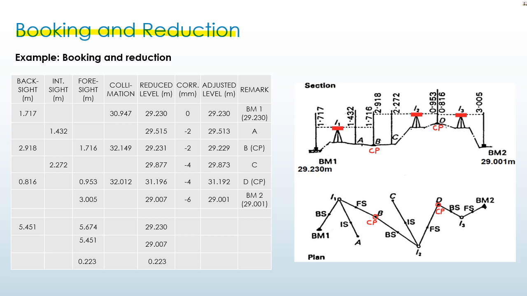Then you calculate the reduced level of all of these points using the height of collimation or height of instrument method. We then check for the misclose and make the correction to make sure that all of the benchmarks here have the same elevation after adjustment compared to their known value.